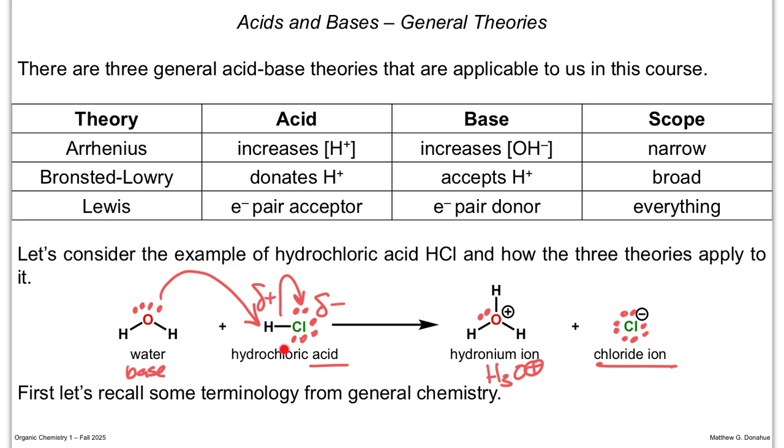So on the reactant side, we have acid and base. On the product side, which one is the conjugate acid? So the hydronium ion is the conjugate acid, and then chloride is the conjugate base.